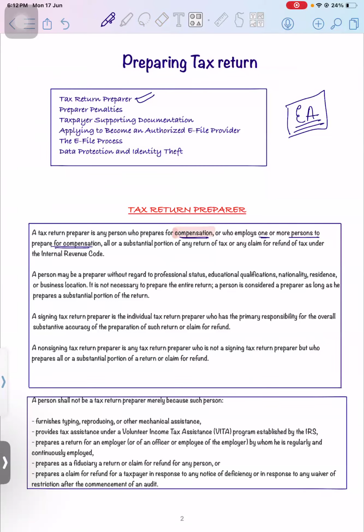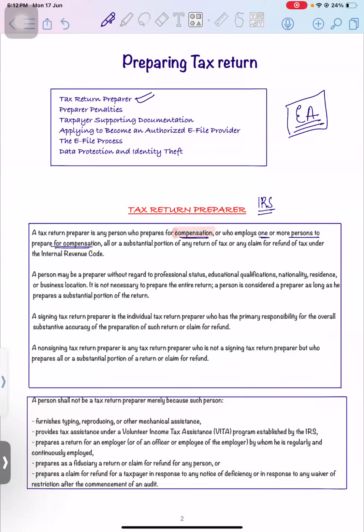Now it can happen that I'm just a preparer, but my reviewer is the main person who is going to sign the return. This thing happens, right? You are working in the office, you are just doing the data entry in the tax software. So you are not a tax return preparer. This definition is for IRS purposes.